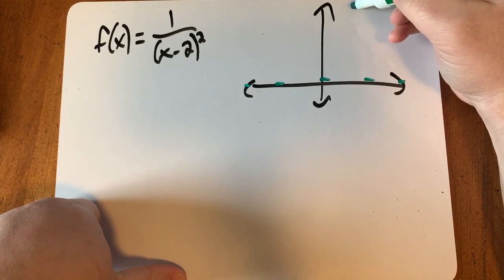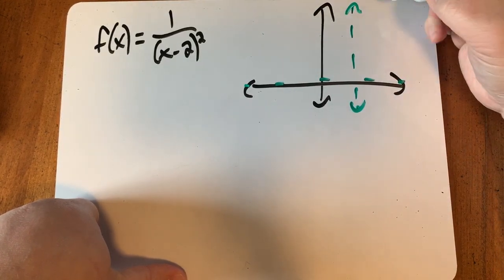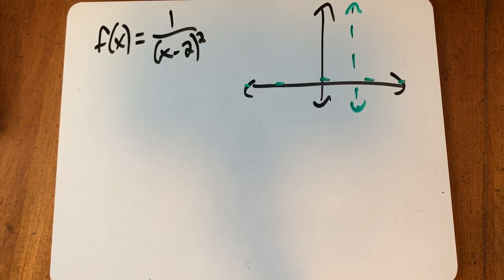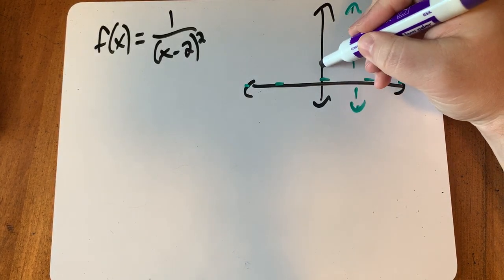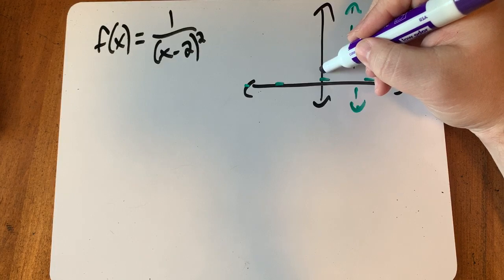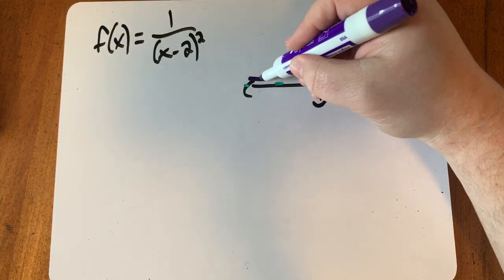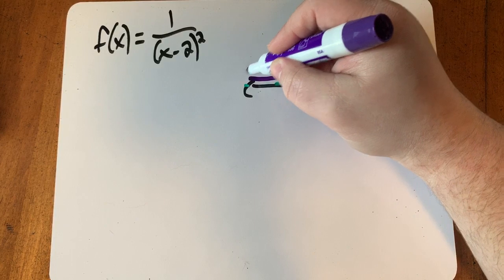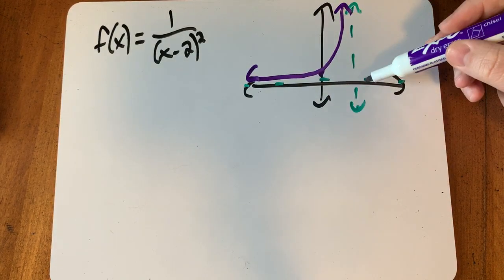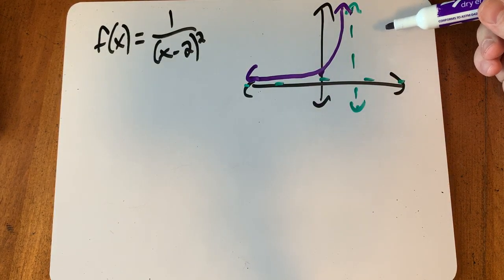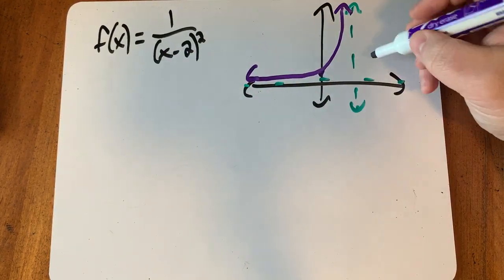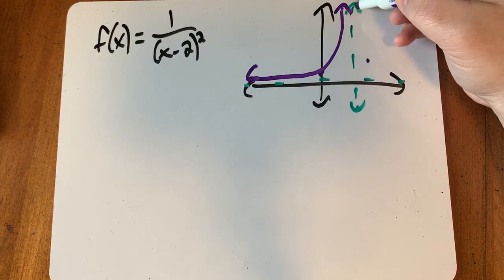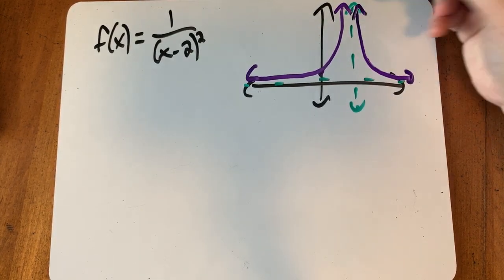We also have a vertical asymptote at 2. We would have a y-intercept at 0, 1/2, so we would have a piece up there. And then if we did sign analysis and plugged in something greater than 2, say 3, 3 minus 2 is 1, 1 squared is 1, so we'd have a point at 3, 1. So it would behave like that.